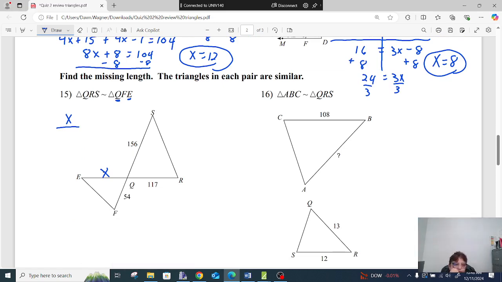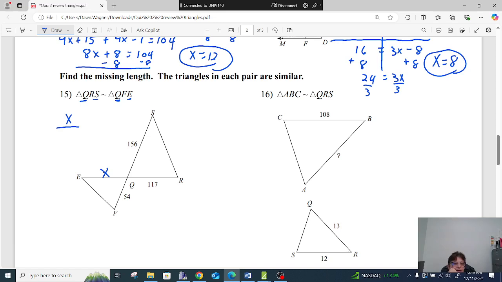So then here, the question mark was at EQ. I always go towards where the variable is. EQ is on the second triangle. And I'm doing the first and last for QE or EQ because that means the same thing. So over here, my first and last is going to be QS.